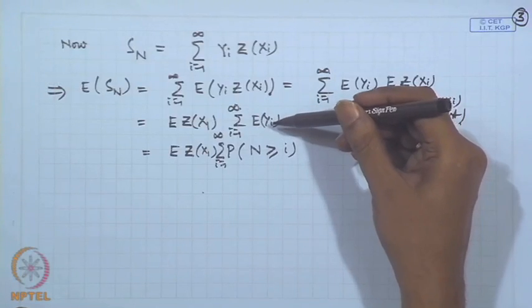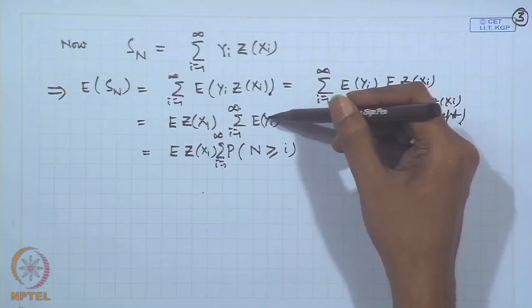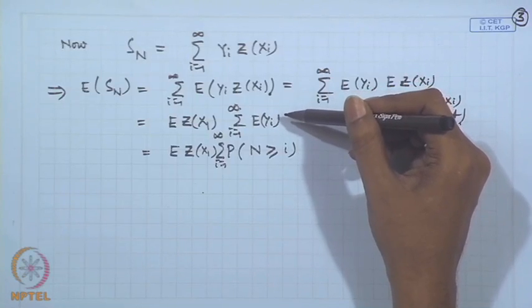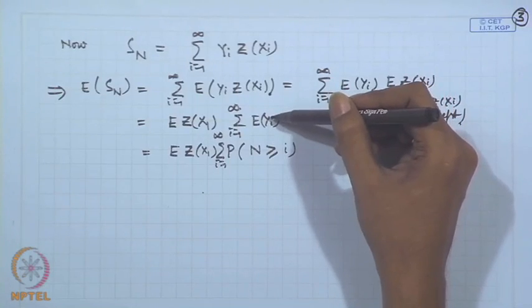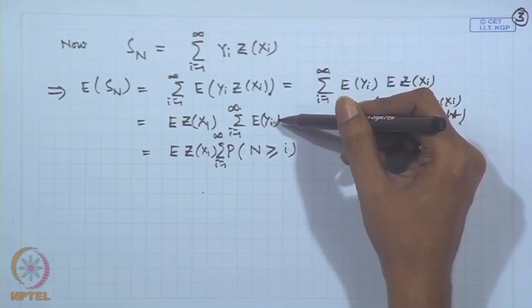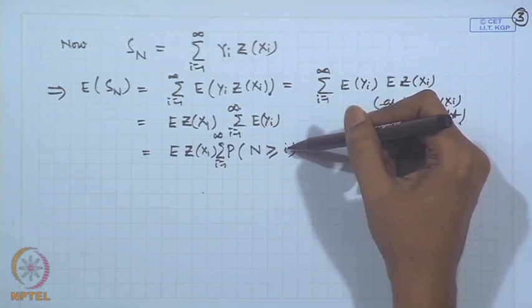Why? Because this value will be 1 till the stage the decision is not taken, after that this will become 0. So, it means if up to the I-th stage the decision has not been taken, that means n is greater than or equal to I.